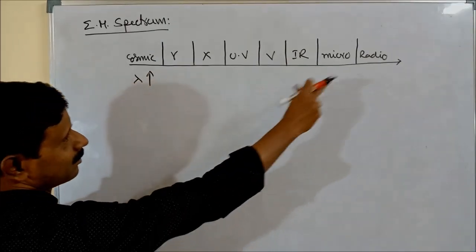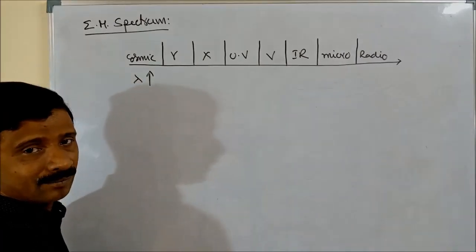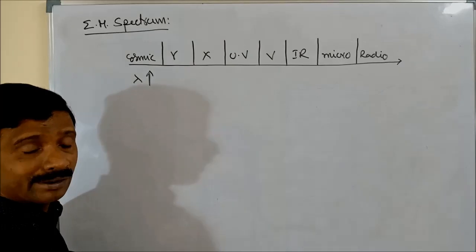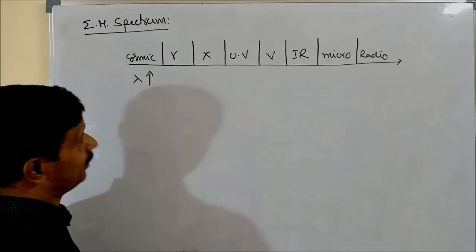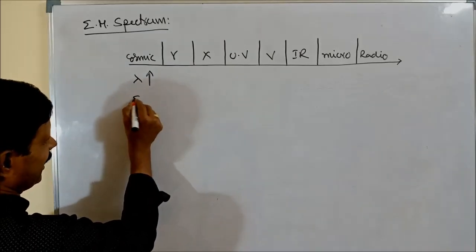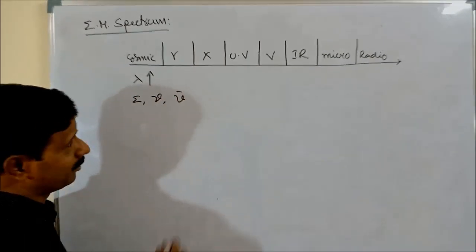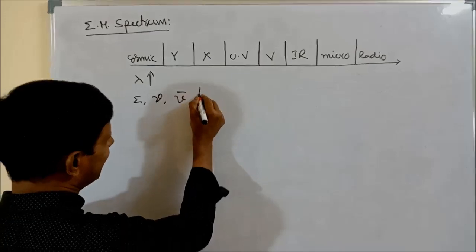In this direction wavelength is going on increasing, and as you know wavelength is inversely proportional to energy, frequency and wave number. So in the same direction, energy, frequency and wave number are going on decreasing.